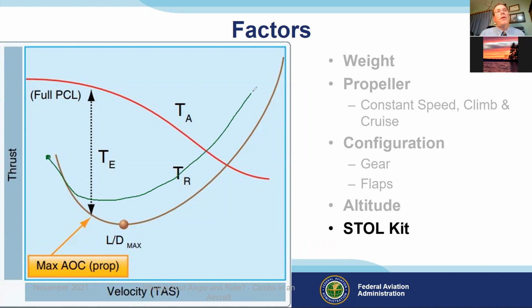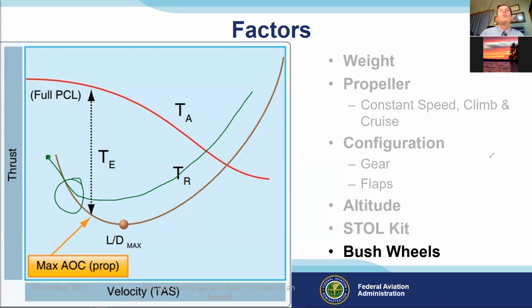And we're going to see the thrust required curve change to something like this. And we're going to end up with VX, probably a slightly less rate of climb, but not as significant because it's near the same as original down here, but at a slightly lower airspeed that ends up occurring at.